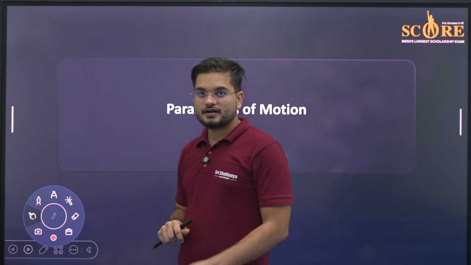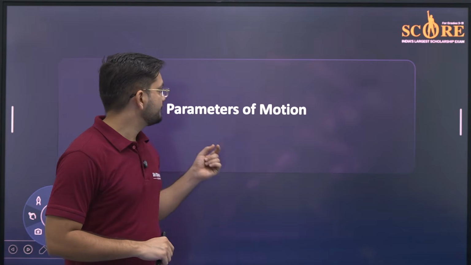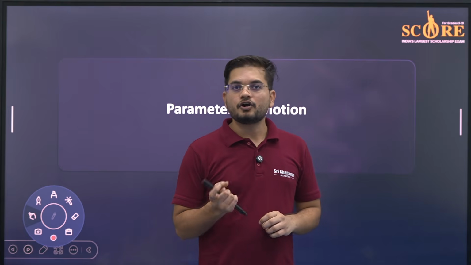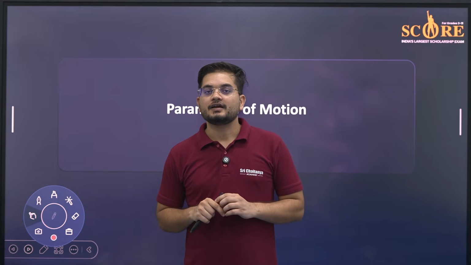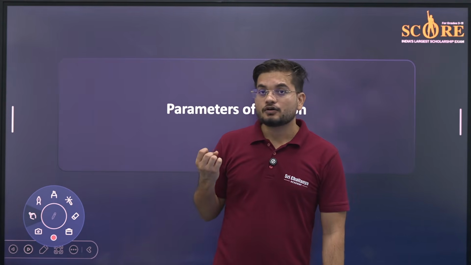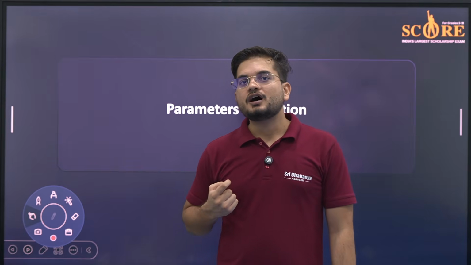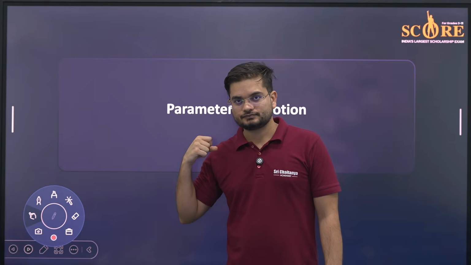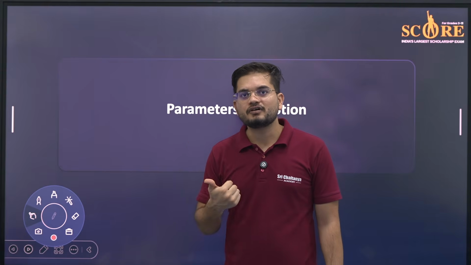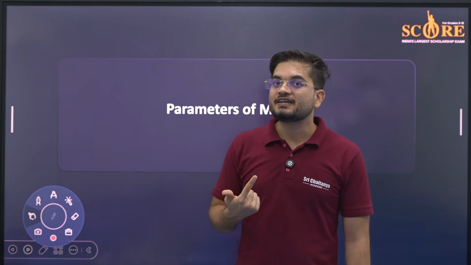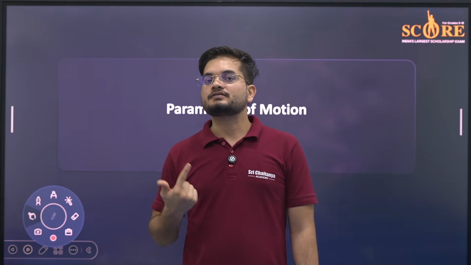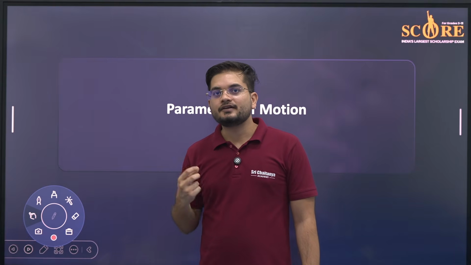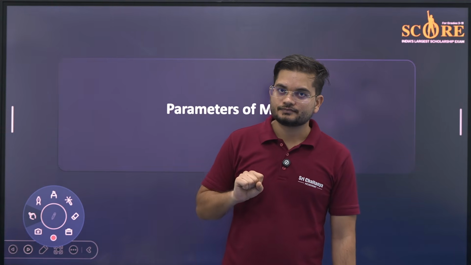So let's start. First, parameters of motion. What are parameters of motion? These are quantities which are used to understand the motion of a particle, like position of the particle, displacement of the particle, distance traveled by the particle. By using these quantities we can understand the motion.